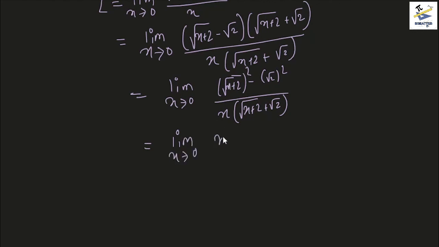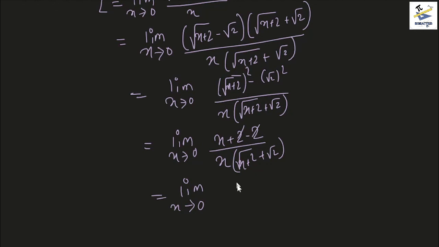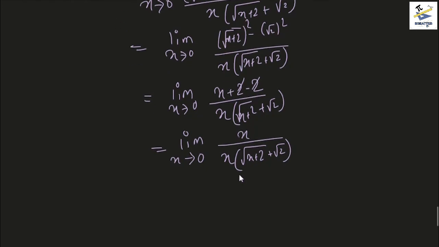So here it becomes (x plus 2 minus 2) divided by x into (root of x plus 2 plus root 2), right? This 2 and 2 will cut off and you will get x divided by x into (root of x plus 2 plus root 2). Now this x in the numerator and the denominator can cut off, because x tends to 0 implies x is not equal to 0.